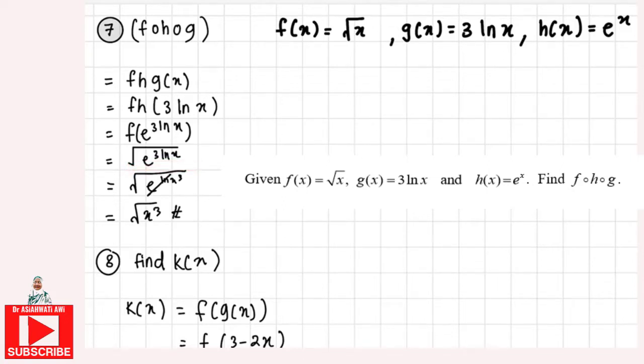Then we can bring the 3 to the power, so it will be like this. Then we can cancel out e power ln, because e power ln x equals x, so it is left like this. This is the final answer, x power 3.